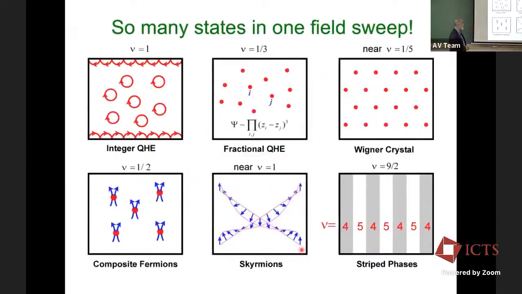My experimental colleague, Mansour Shayegan, from whom I've basically borrowed this slide, or swiped the slide, if you will, likes to show that with just one sweep of the magnetic field, you get all these different phases, whether they are integer quantum Hall effect or fractional quantum Hall effect, where he's trying to show the Laughlin wave function, which is liquid-like, not quite the Wigner crystal-like result, which happens at very, very low filling, below 1/5.